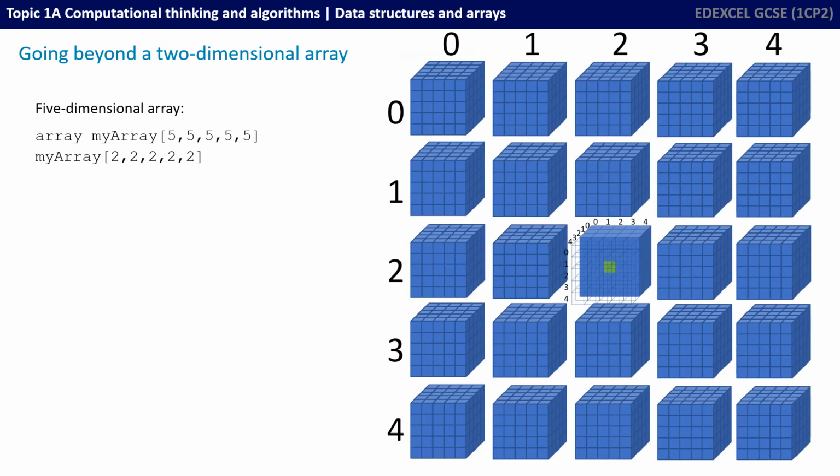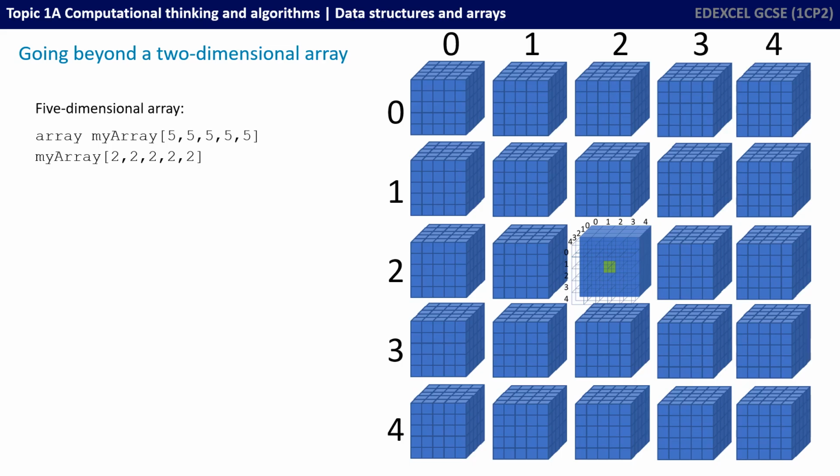In a similar manner, we could carry on visualizing 5th, 6th, 7th and higher dimensional arrays, although this does get a little confusing. So here we have a 5th dimensional array with one suggestion of how you could visualize it. You'd have to supply 5 index values to access any particular element in a 5-dimensional array.